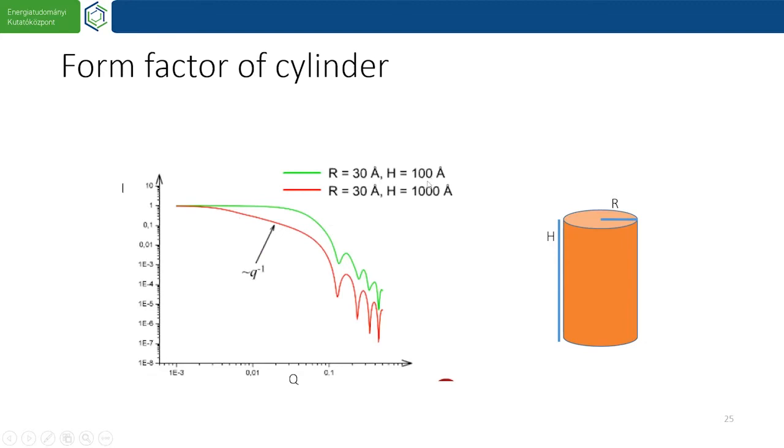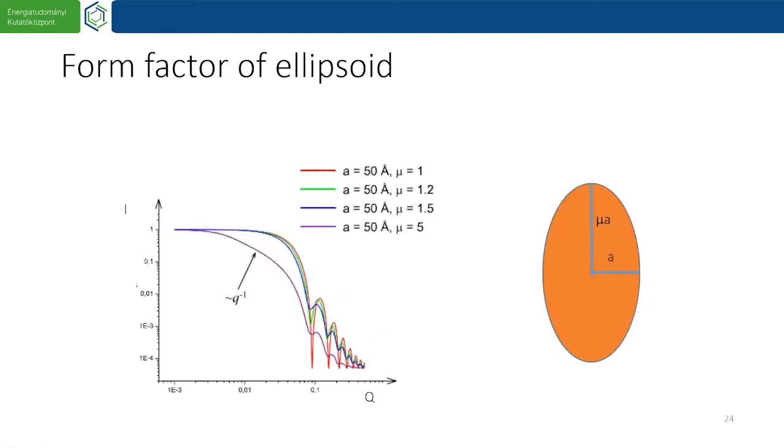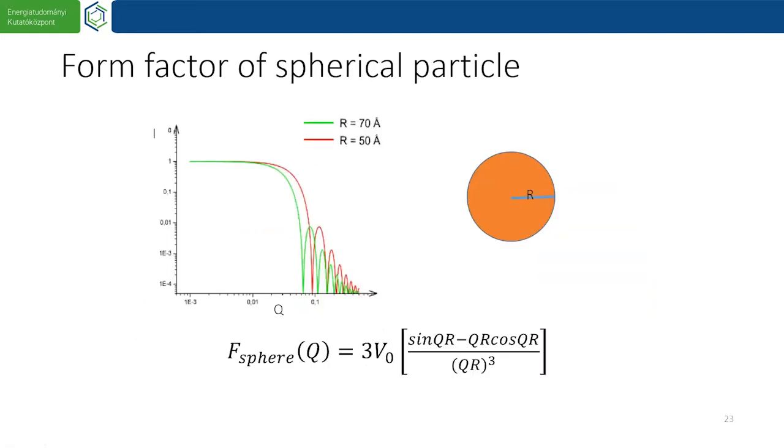Here the difference between the two dimensions of the cylinder is a factor of 10. If it were a factor of 100, like for carbon nanotubes, then we would see only a straight line decaying with Q to the power of -1. So these were the three simple shapes.